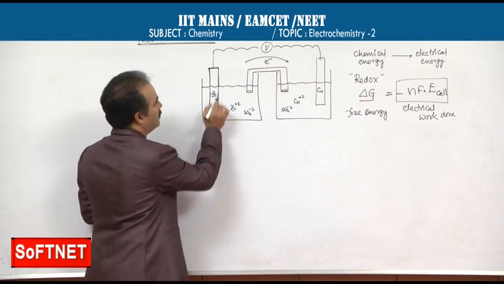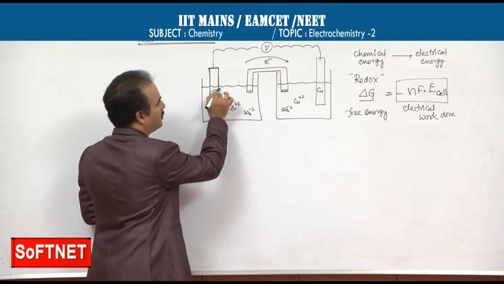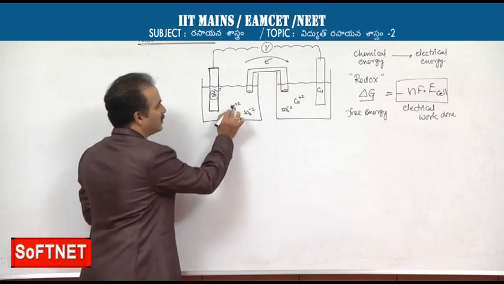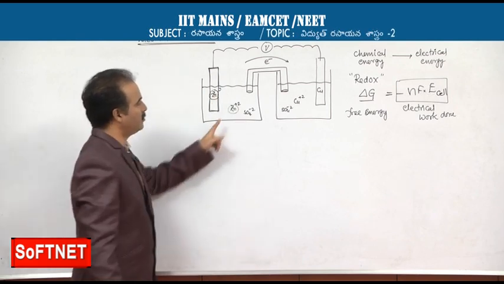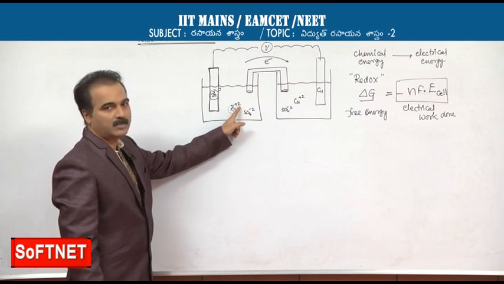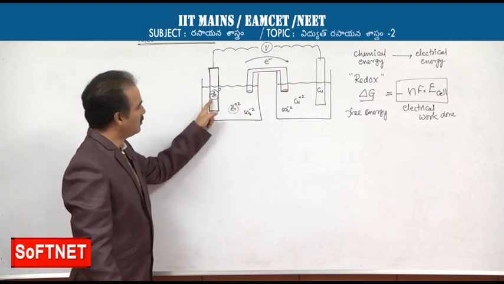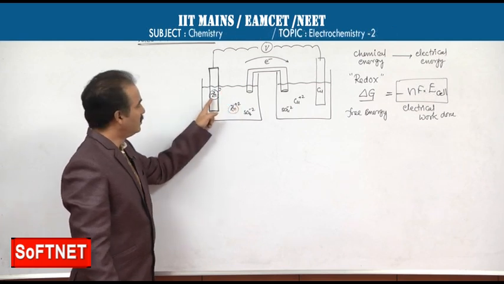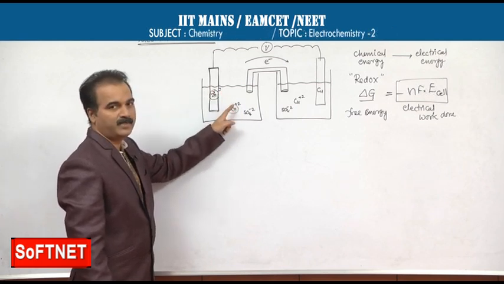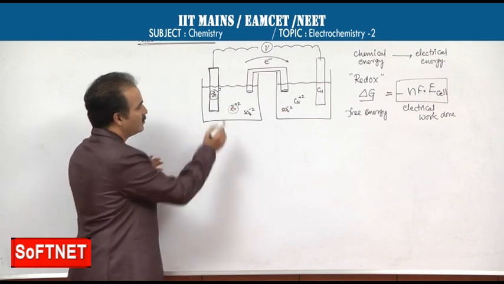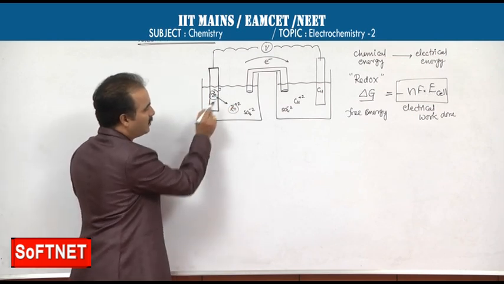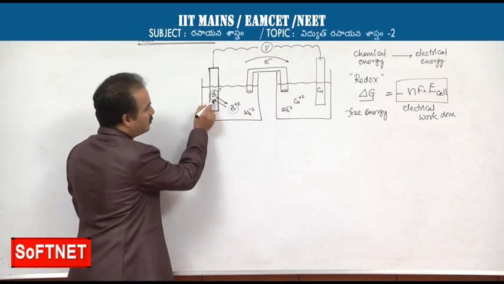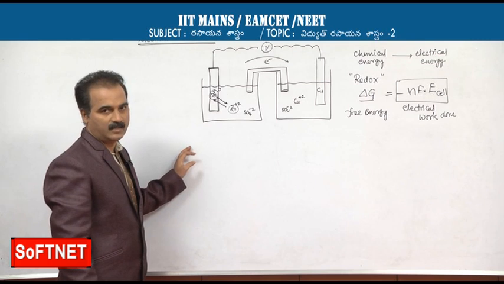Now, here this zinc carries no charge, being metal it is 0, whereas another zinc which is in solution is in +2 oxidation state. So, same zinc but carrying two different charges. This makes one feel jealous about the other. So, this zinc wants to convert into zinc +2, whereas this zinc +2 wants to convert into zinc.